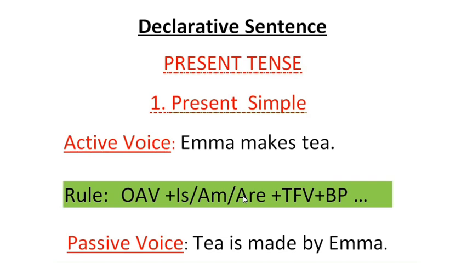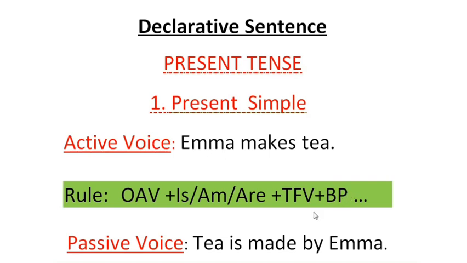Then TFV, the past participle form, the third form of the verb. Make is the verb, and the third form is made: make, made. BP means by phrase. We just use by, and the phrase here refers to the subject of the active voice, Emma.